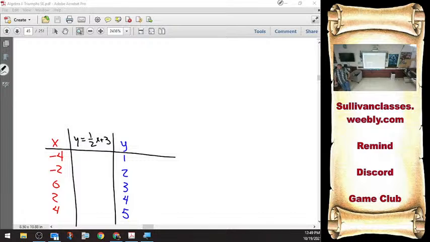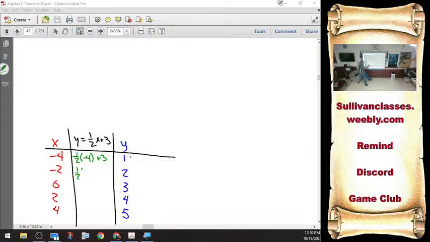Where you did all of your scratch work in the middle? You would say this is going to be 1/2 times -4 plus 3. What's half of -4? -2. -2 plus 3. 1.